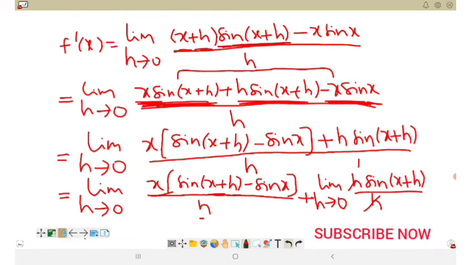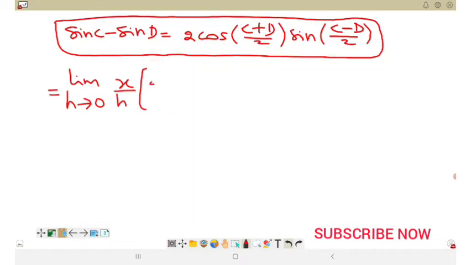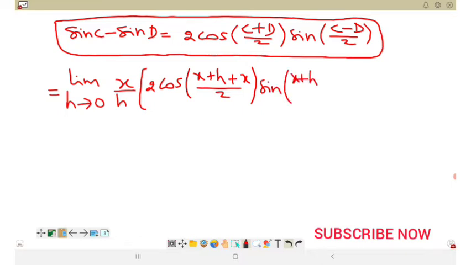Here C equals x plus h and D equals x. 2 into cos of (x plus h plus x) by 2 into sin of (x plus h minus x) by 2.